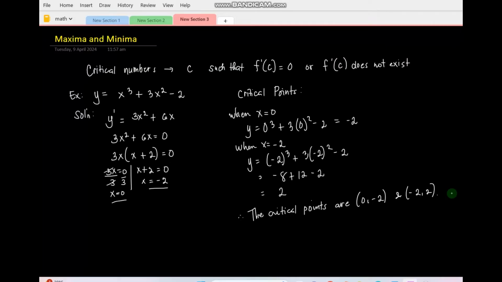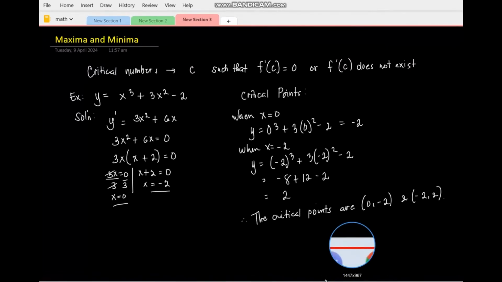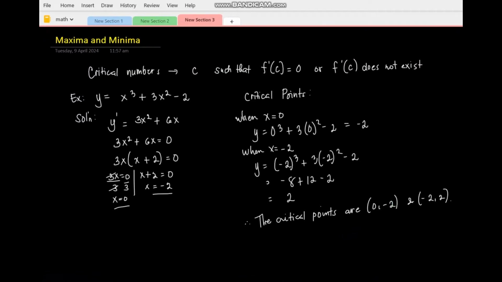Now, what if we are asked to determine whether these points is a relative maximum or relative minimum? When we say relative minimum, that is the point that is lower than its neighboring points, and when it is a relative maximum, it is a point that is higher than its neighboring points. Okay?